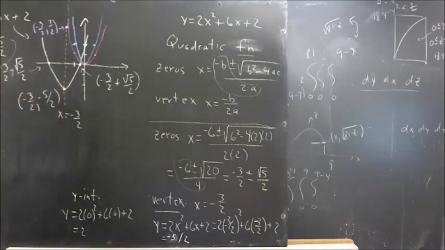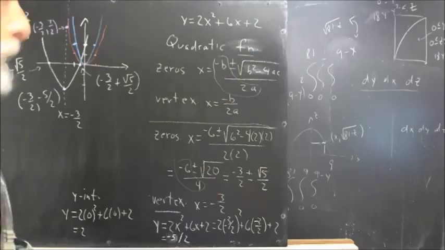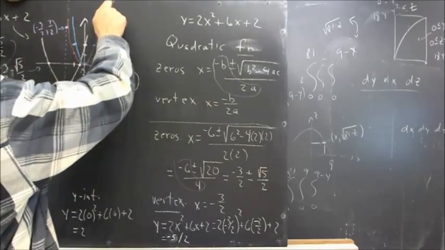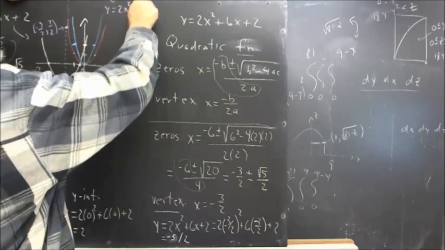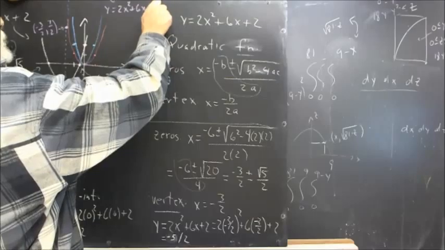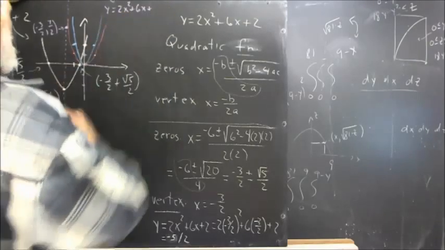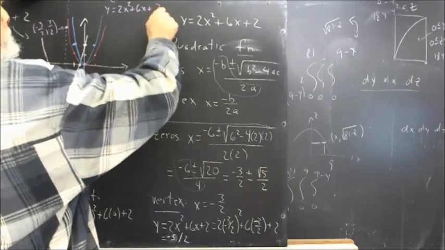And that idea would be very handy, for example, if we had the function, let me write that up here, y equals 2x squared plus 6x plus, let's make it 5 halves and 7 halves is 6 plus 8.